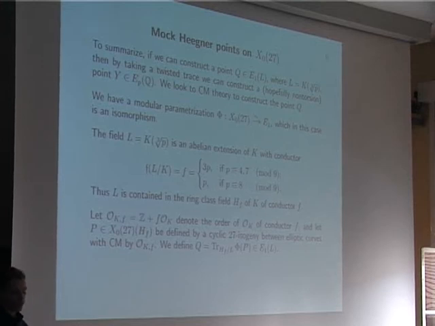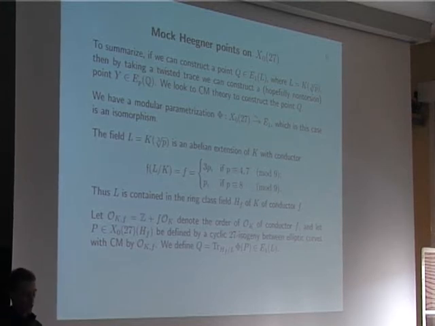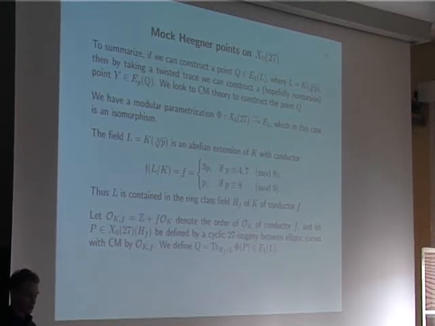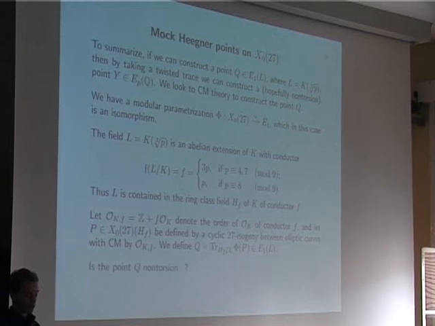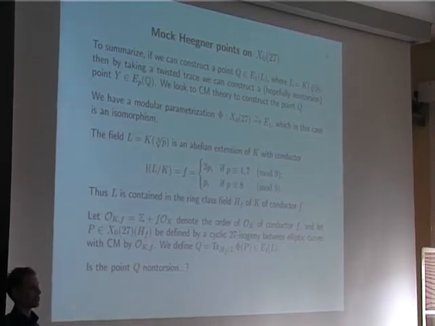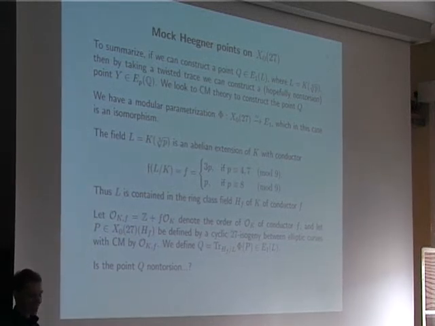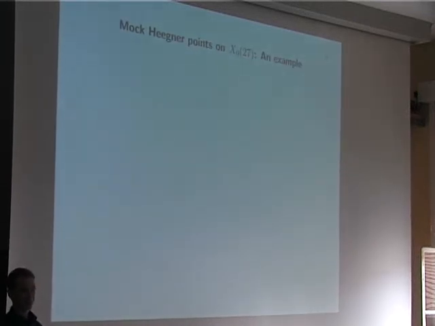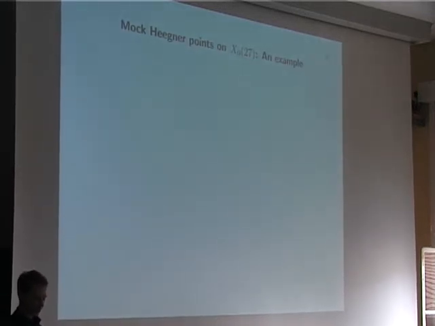So that's what we do. We define this Q to be the trace from the ring class field down to L under the modular parameterization. And then we can take the twisted trace. So, all right, is the point non-torsion or not? That's sort of the end game here. Let's literally see if we get a torsion point or not.